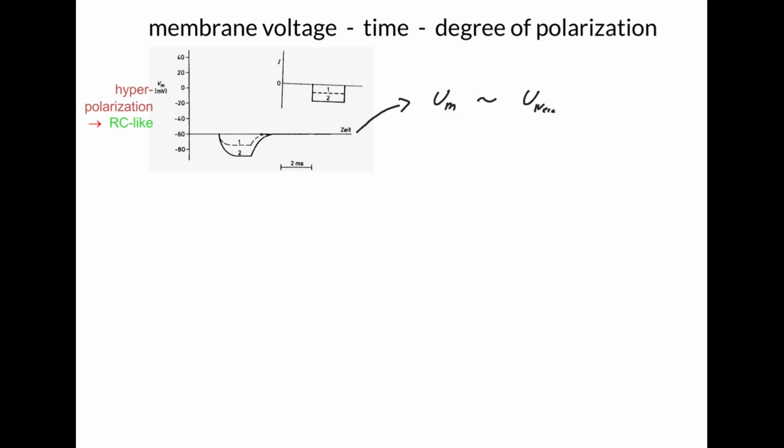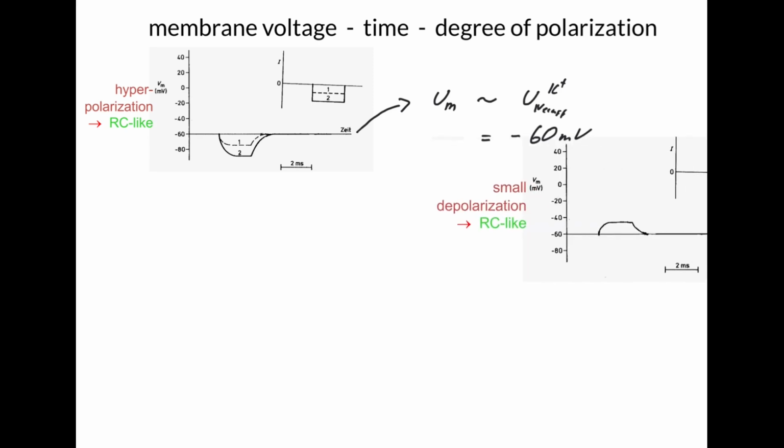We do that in a square-like fashion, as you see in the inset on the top right. On the bottom, you see how the membrane reacts. If we give a negative pulse to the pipette, the membrane goes further negative in this RC-like fashion, and it will recover again to minus 60 millivolt if you retract the current.